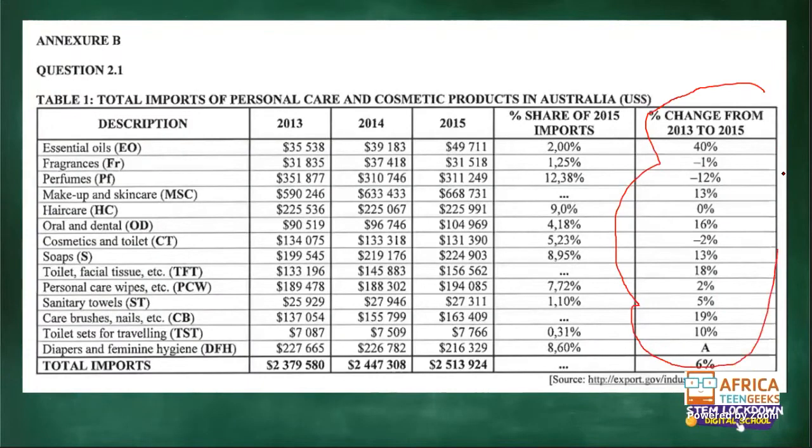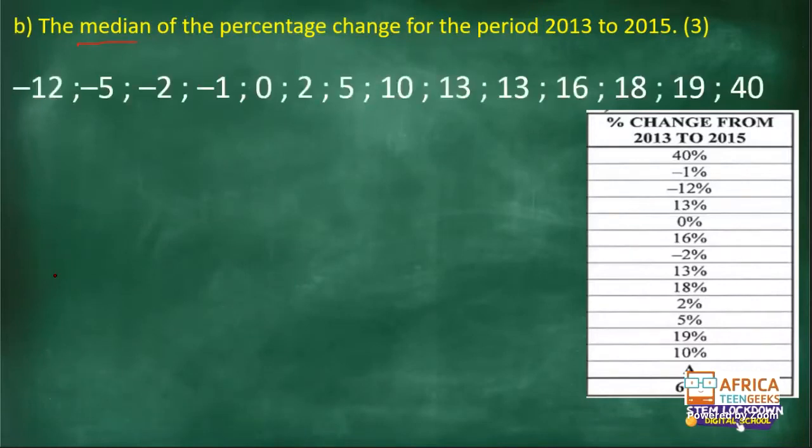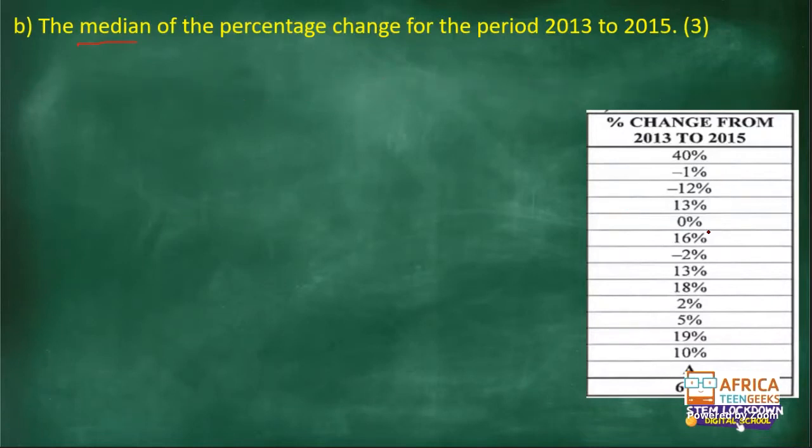This is the column I'm dealing with right now. That's the one I cut out. I need to do the median. How do you determine the median? Before you can find the median, you need to write all the values you have in ascending order, right? Ascending order, because we've got the different values here. Like you see, you're given a lot of different values.